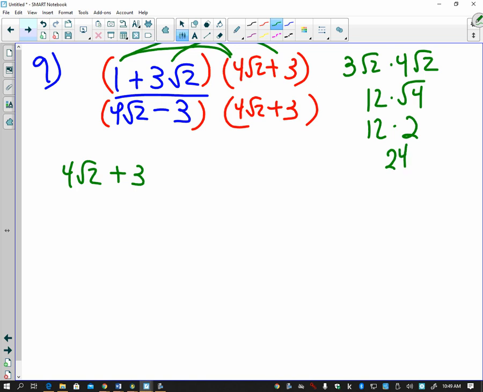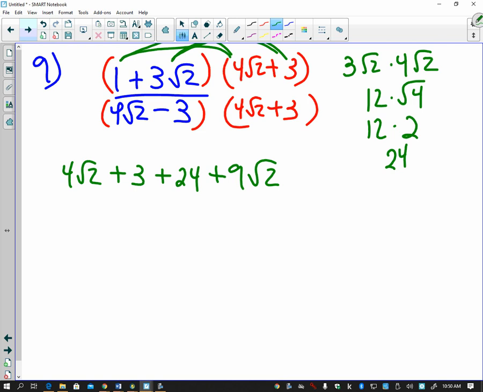All right, so do we understand everything that took place there all at once? But it took kind of several steps. So we have 4 radical 2 plus 3 plus 24. Okay? And then we have 3 radical 2 times 3 plus 9 radical 2. Okay, and before we move away from that, let's go ahead and combine like terms.